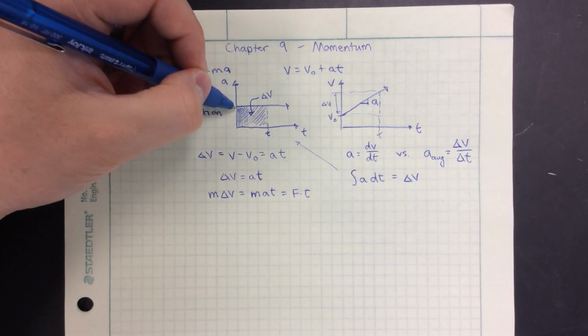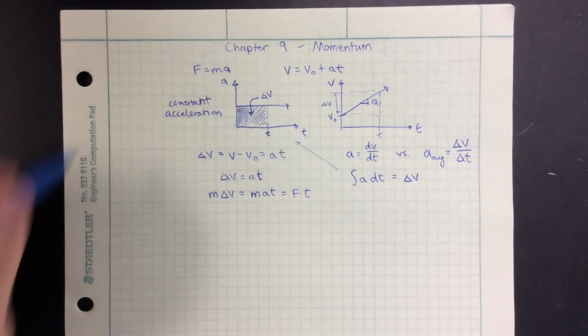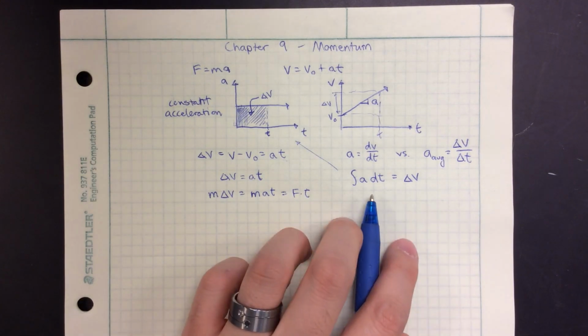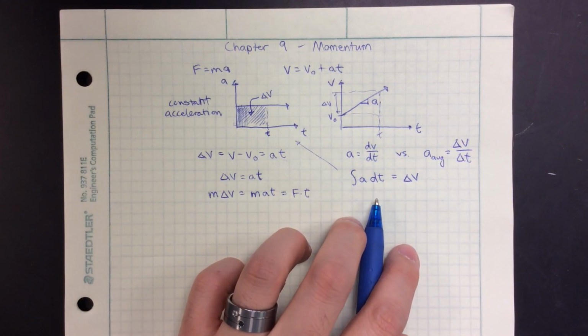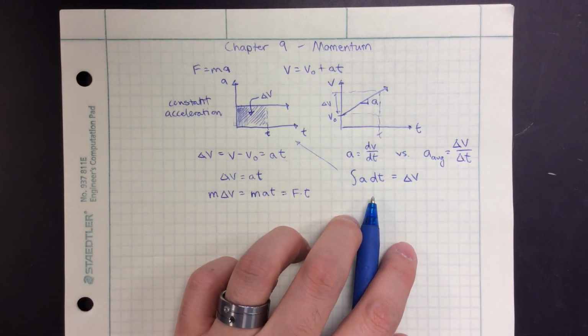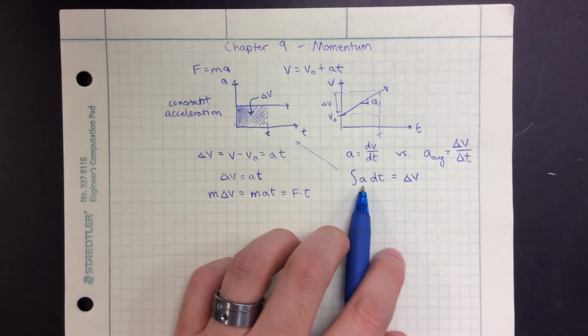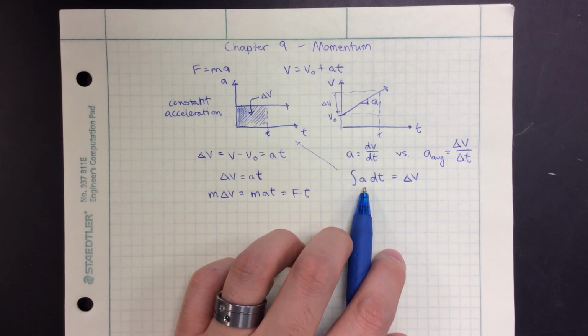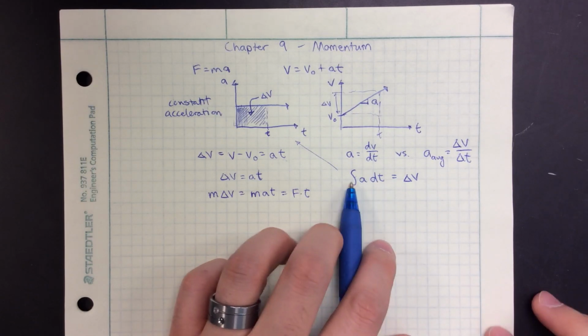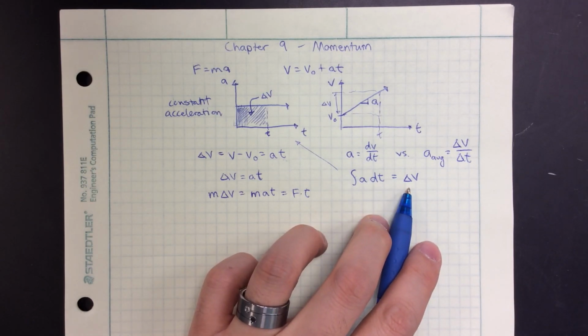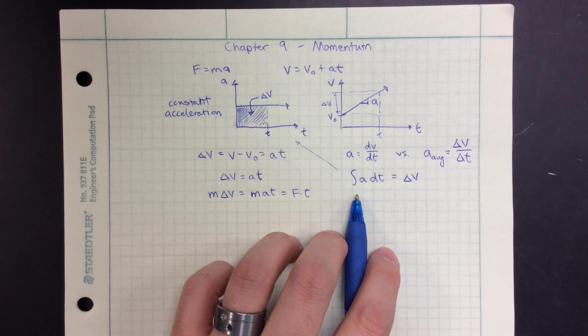You're taking a bunch of little rectangles of infinitesimally small width, dt. The dt in an integral is the slice that you're taking. You're taking small slices of time, multiplying by the acceleration at that time, and then adding all those areas up. If you add all those areas up, that gives you the change in velocity. That's what the integral really means.